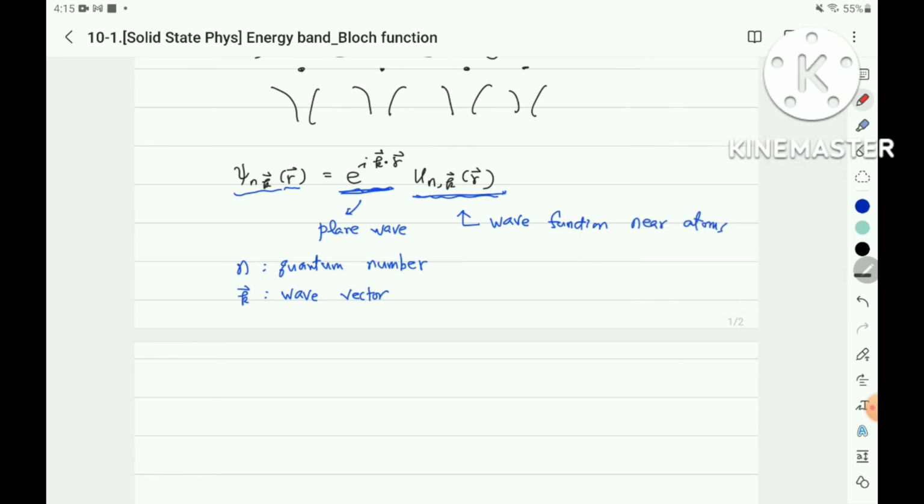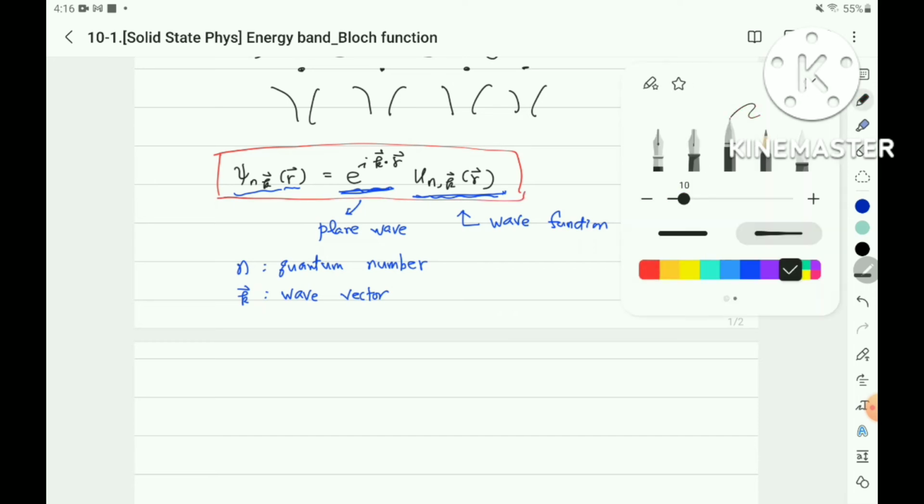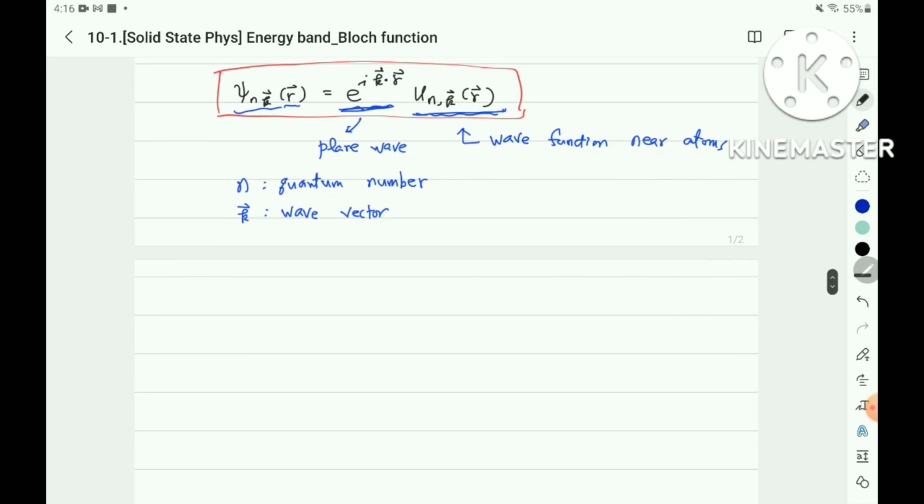It should satisfy the periodic boundary condition for the periodic potential, and therefore the atomic wave function should have the periodic condition. Therefore, u_nk(r) should satisfy u_nk(r) = u_nk(r + R), because there is a translational symmetry.